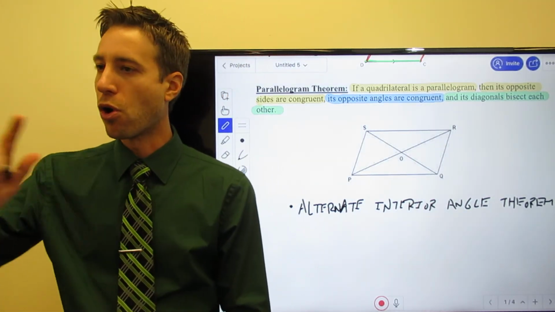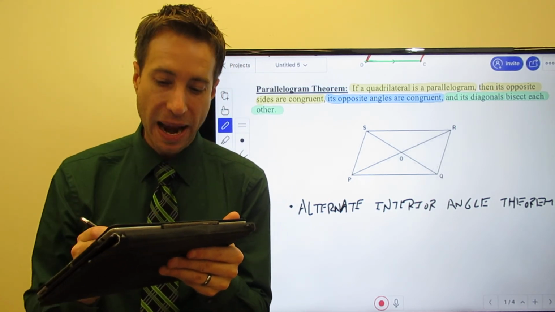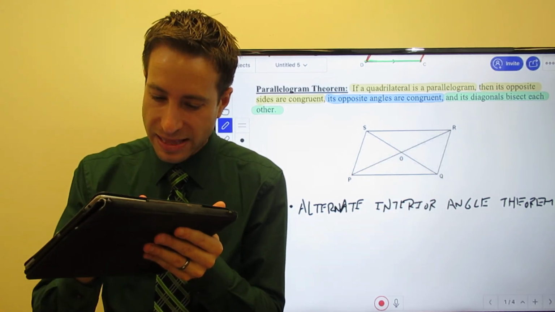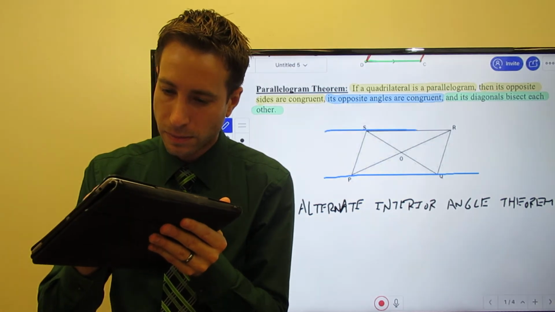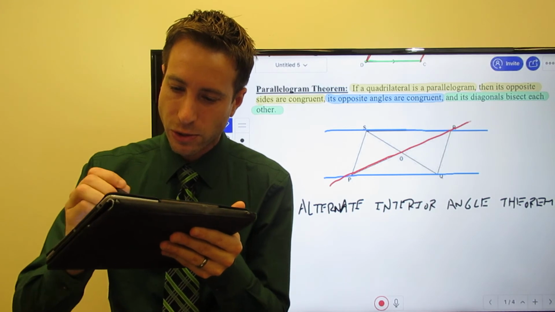Yep, that's right. We're going all the way back to chapter 4 where we did angle relationships of parallel lines. It's a parallelogram, so I know that these lines are parallel, and they're cut by a transversal.